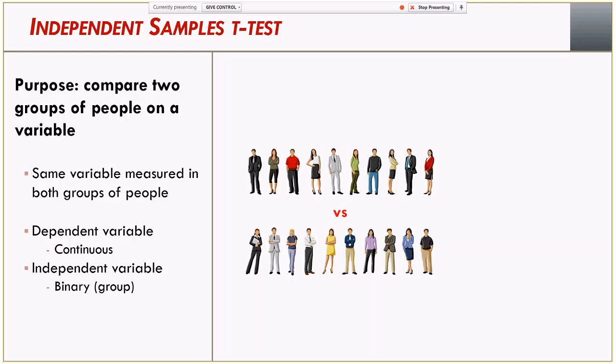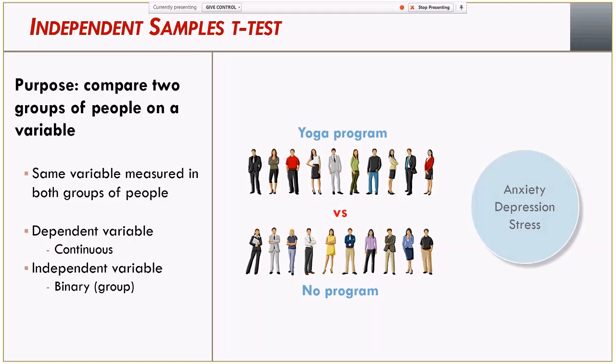In this case, the dependent variable is continuous, and your independent variable is binary. It's usually some grouping variable. It's males, females, young, old, disease present, disease absent, received some intervention versus not, and then you compare them on some outcome.